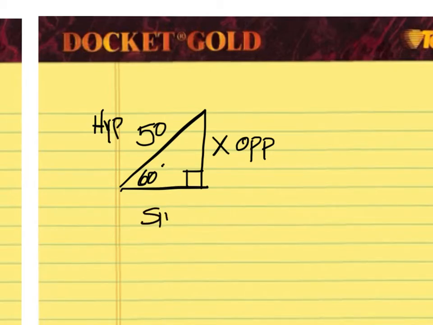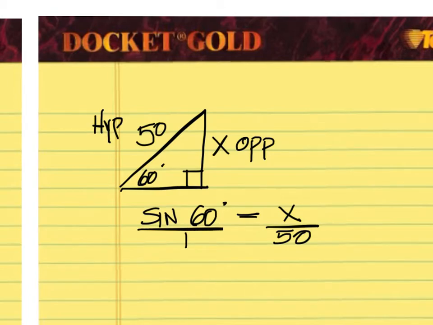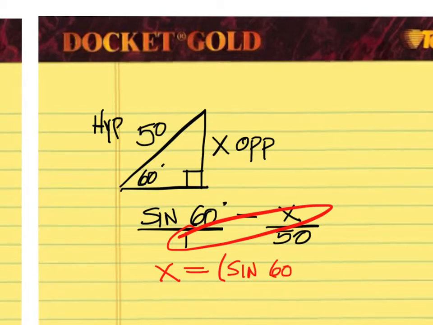Therefore, sine of 60 degrees equals opposite x over 50, which is the hypotenuse. You have to cross multiply to solve this proportion. X times 1 is x, and then sine of 60 degrees multiplied by 50.